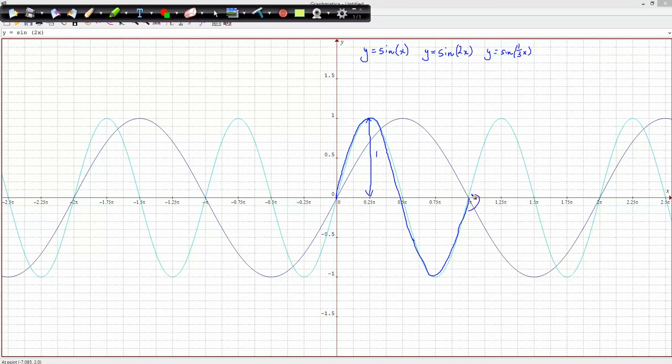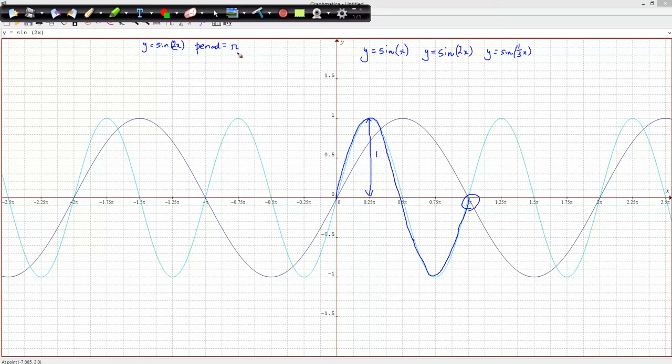How many radians was that? Well, pi. So for y equals sine 2x, the period is equal to pi. Now that's half of the original sine graph.